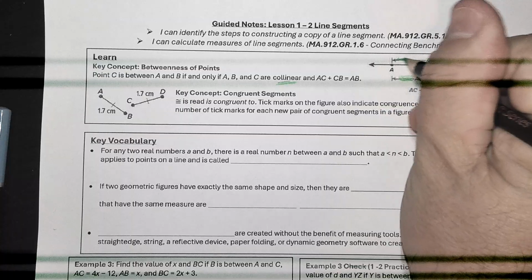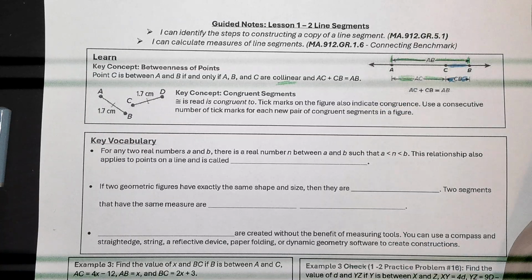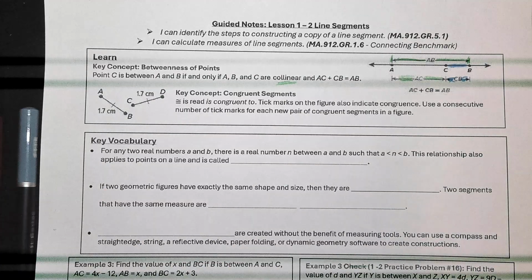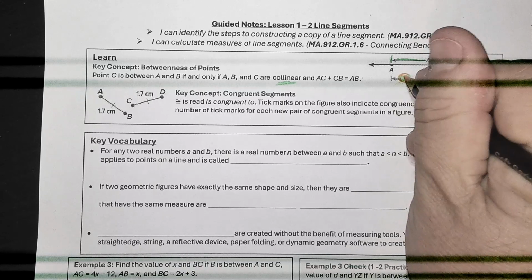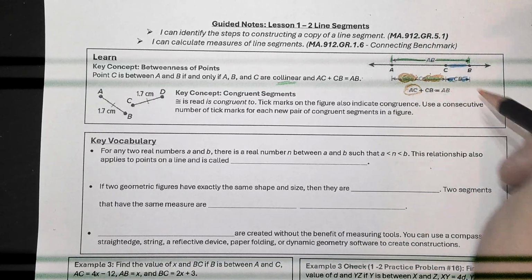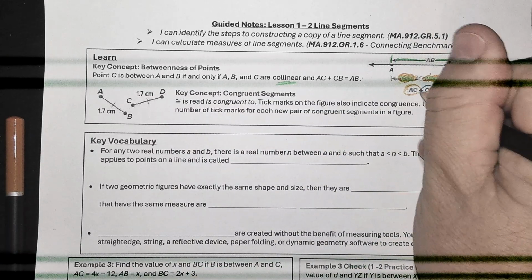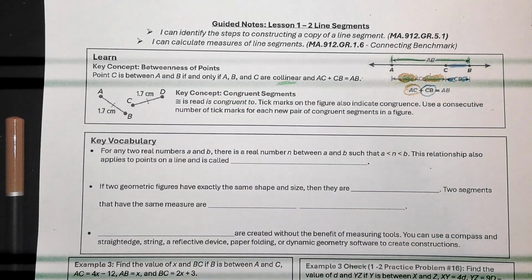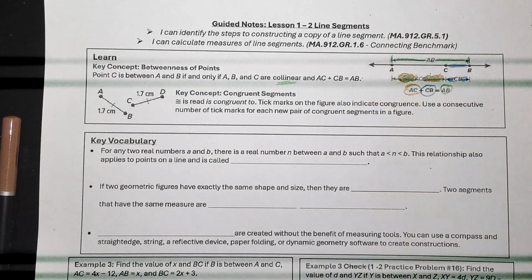I'm telling you guys in class, it's easier to see. Oh, I used green twice. All right, I'll tell you what. Back up. We're going to change this to orange. So we're going to say AC plus CB is going to equal AB.